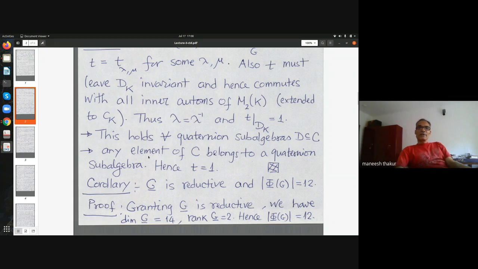Look at that element depending on whether its norm is 0 or non-zero. If it is 0, you can embed it inside a hyperbolic space using quadratic forms, because once the element has norm 0, that means the whole octonion norm is hyperbolic. So that allows me to embed it inside a hyperbolic plane. And then it generates basically a matrix algebra. So that is your quaternion subalgebra in that case.